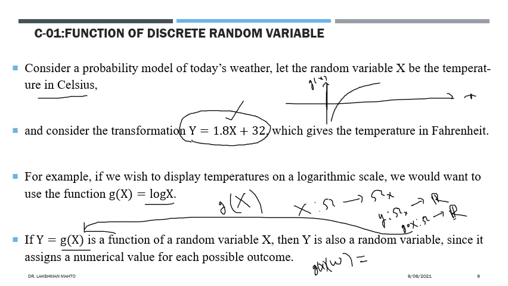So outcome omega will go inside and it will give you Y of omega. You can simply call it Y of omega. So this is the approach that I tried to link with the sample space. It is just one composition mapping.